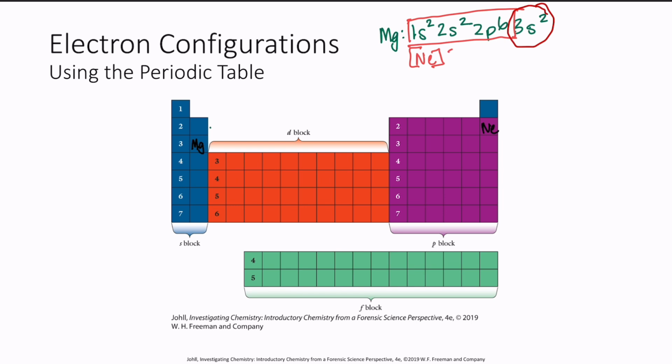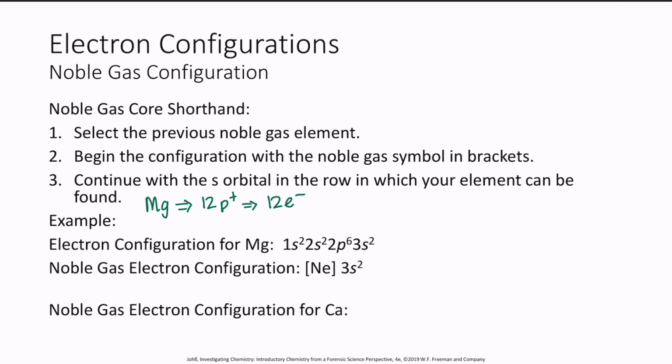So I can just simply write the 3s2. So we have that listed down here as well, the electron configuration for magnesium, and then we have our noble gas electron configuration. So go ahead and try another example.